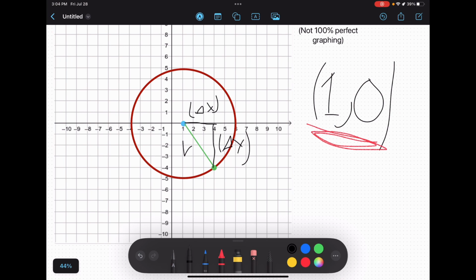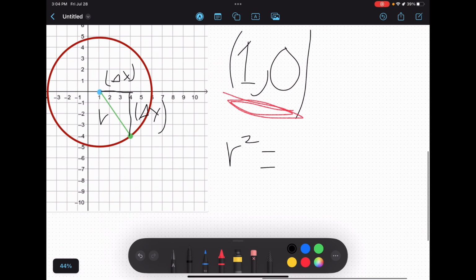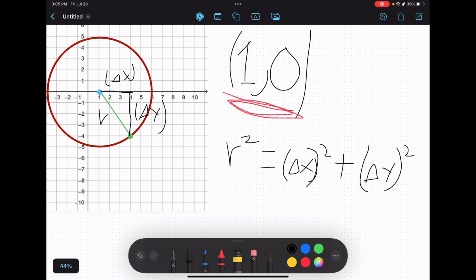Now we can say that r squared is equal to the change in x squared plus the change in y squared.